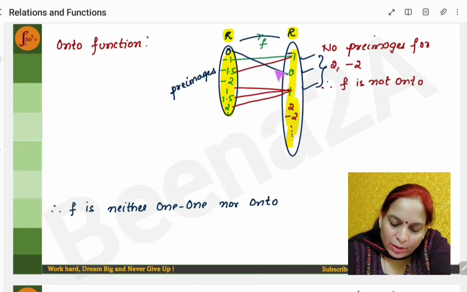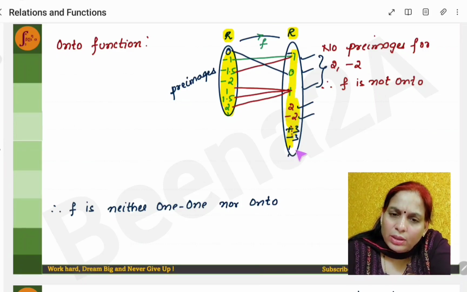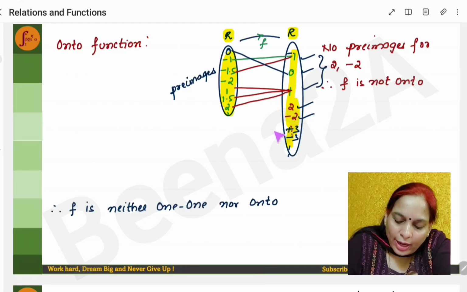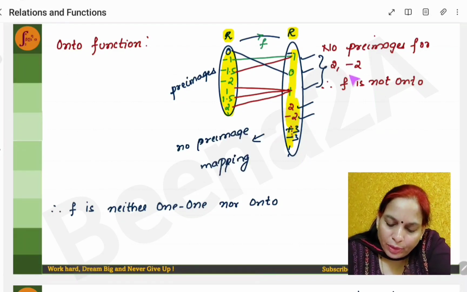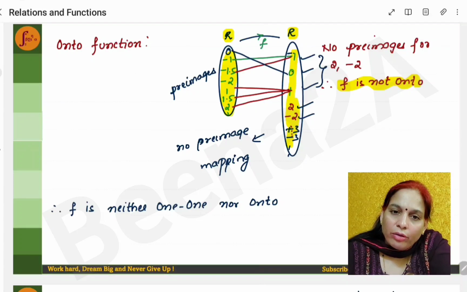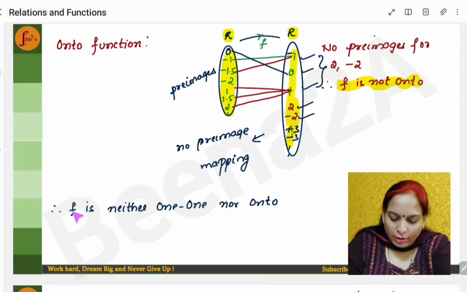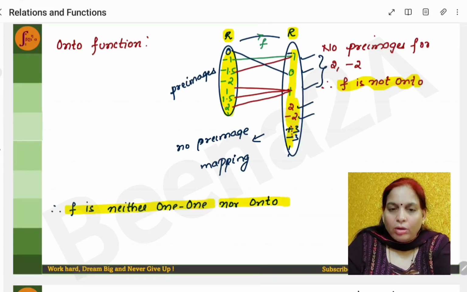Only these 3 elements are mapped to some element in this particular set. But plus 2, minus 2, plus 3, minus 3, all these other numbers have no pre-image. So you can write 2, minus 2 have no pre-images, therefore f is not onto. So now we have proven that function is neither 1, 1 nor onto.